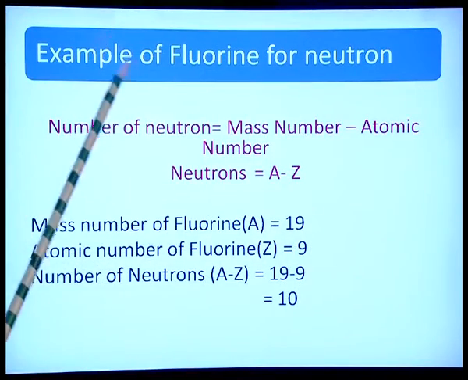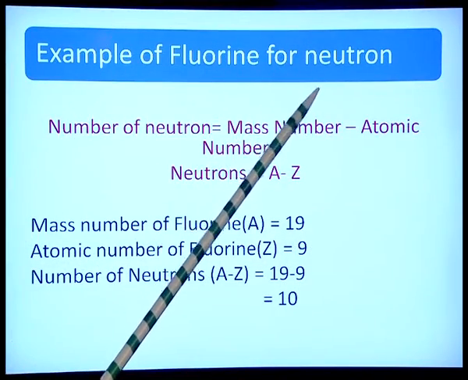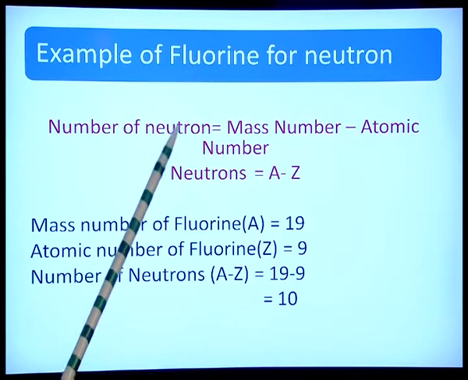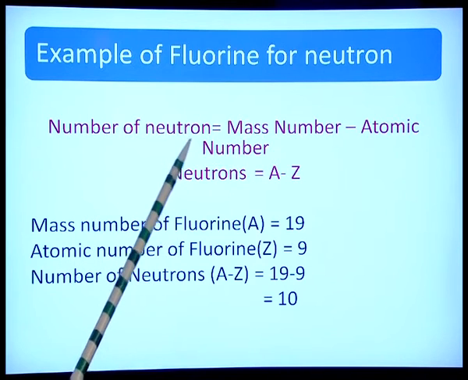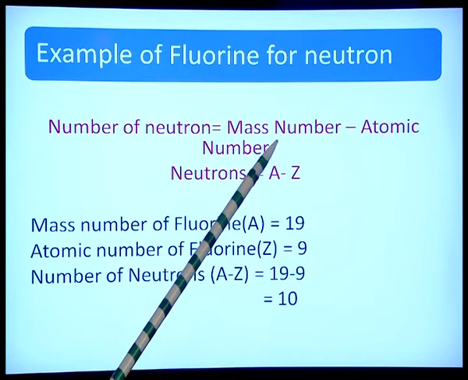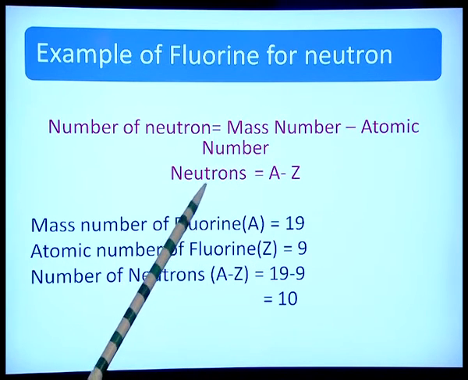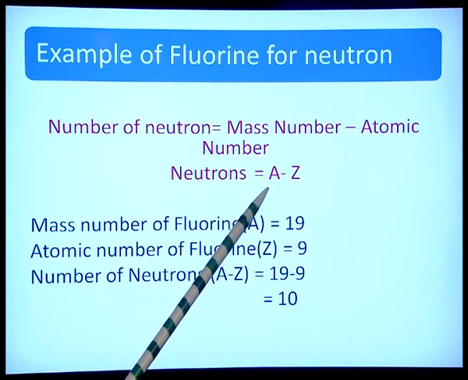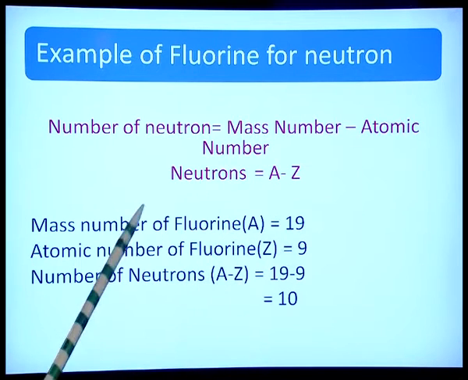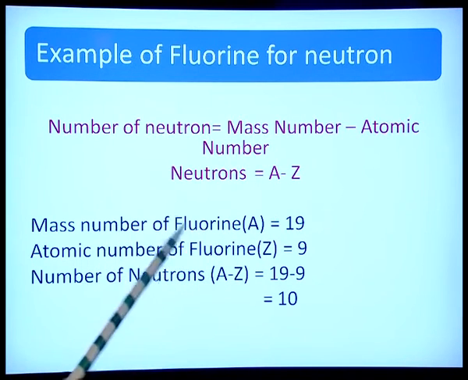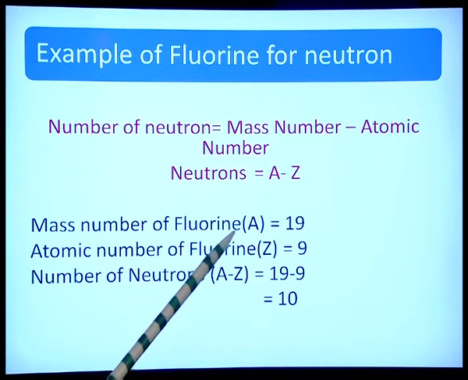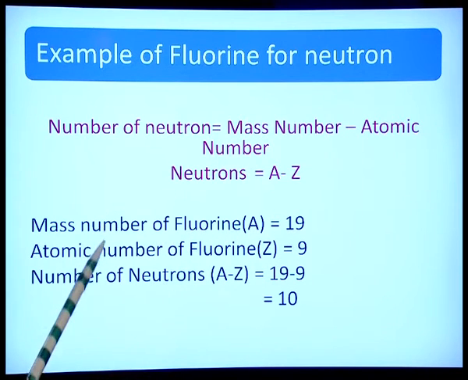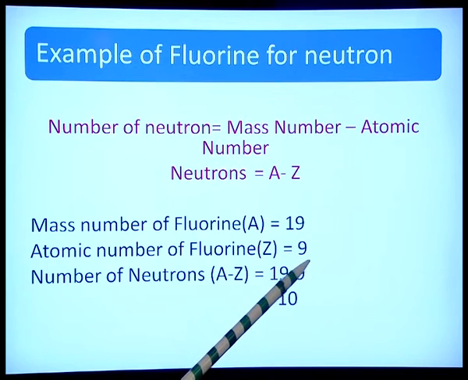Now we take an example of fluorine for calculation of neutrons. The number of neutrons in an element is the mass number minus the atomic number. Neutrons is equal to A minus Z. So, for the particular element fluorine, the mass number is 19 and the atomic number is 9.